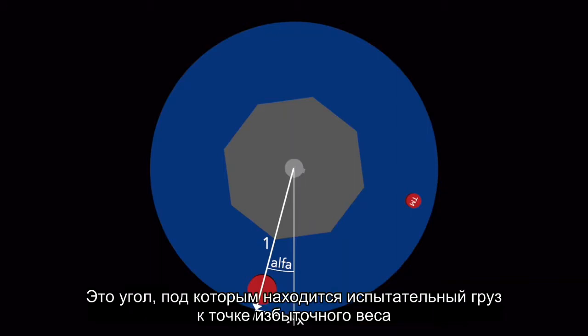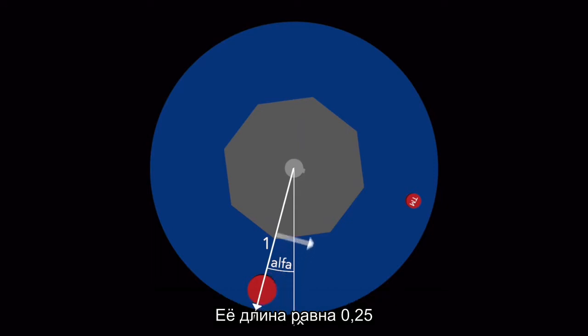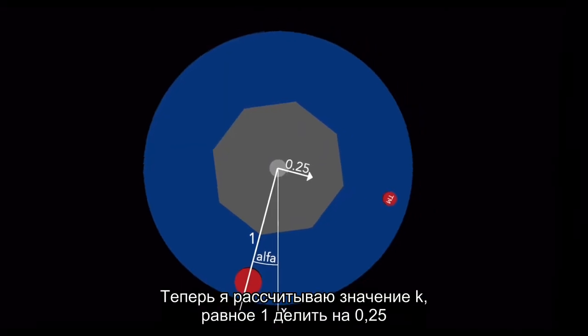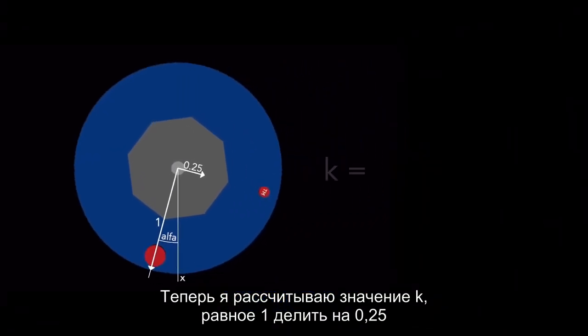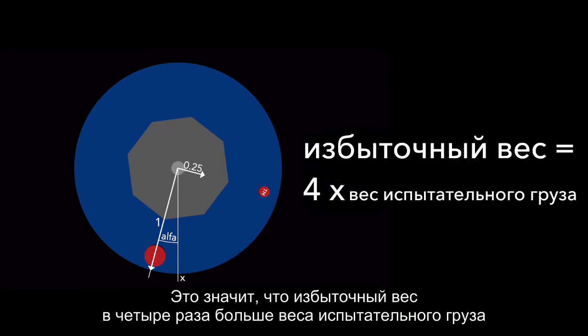It is the angle of the trial mass against the heavy spot position. I draw it up to the vertical line x. The length is 0.25. Now I calculate the k value, which is equal to 1 divided by 0.25. It is 4. It means that the heavy spot weight is 4 times higher than the trial mass weight.